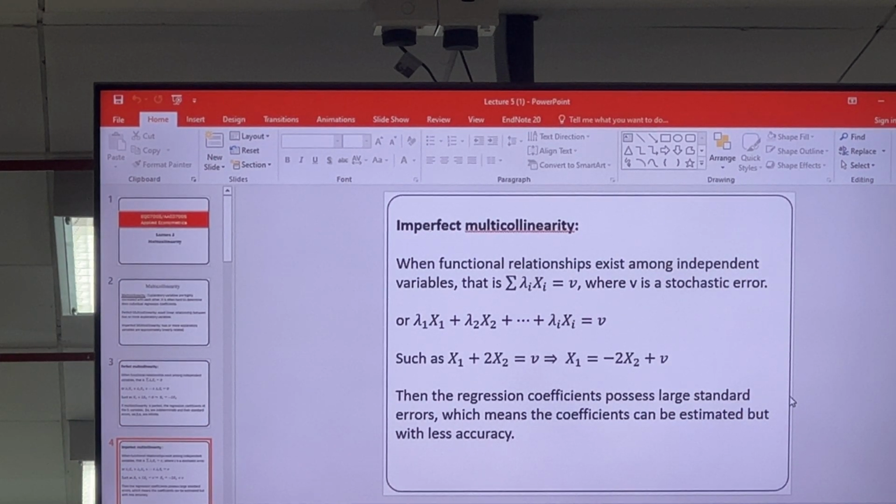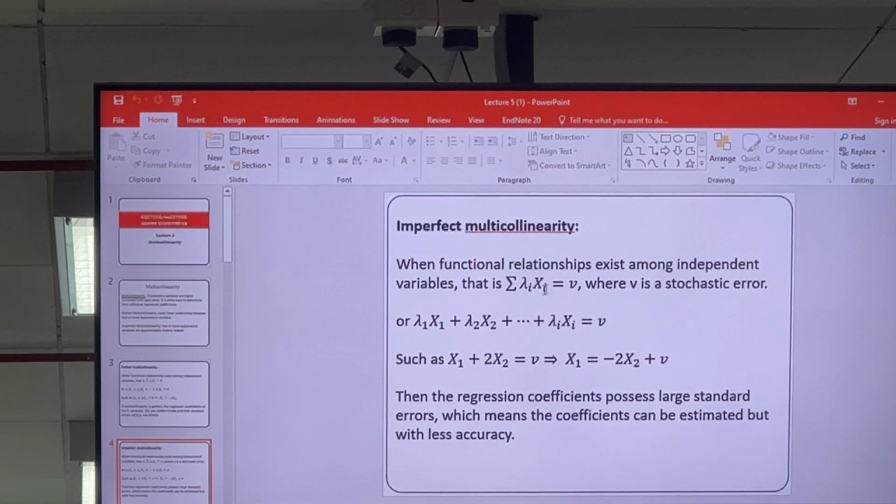Imperfect multicollinearity is when a functional relationship exists among independent variables as given here, meaning that it is not equal to 0 but equal to an error term, whether positive or negative, where v is a stochastic error term.